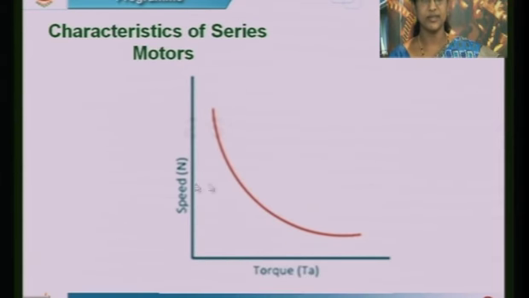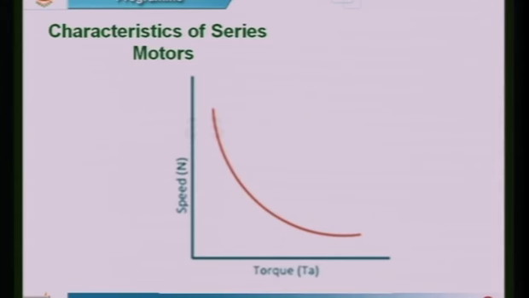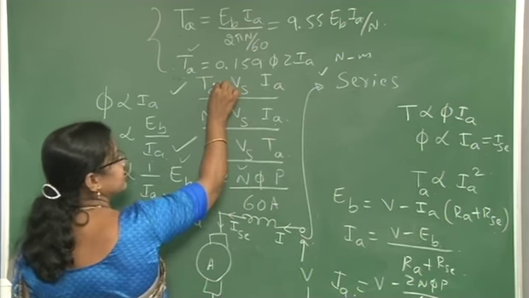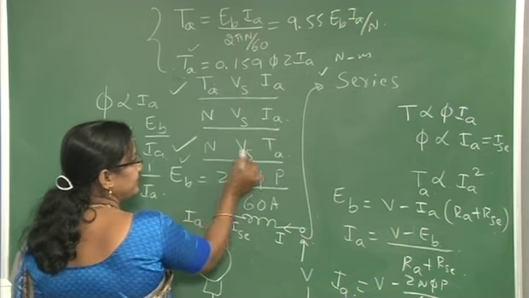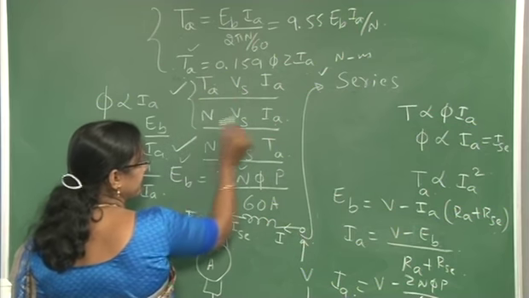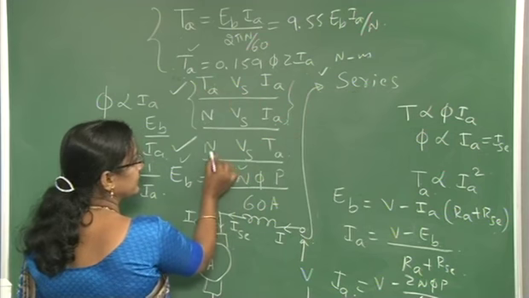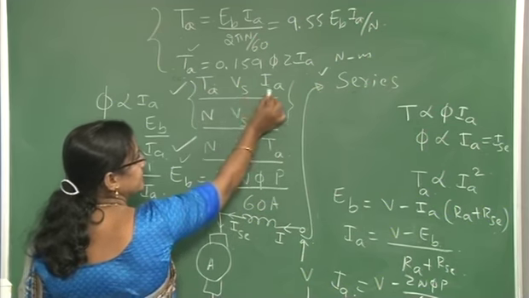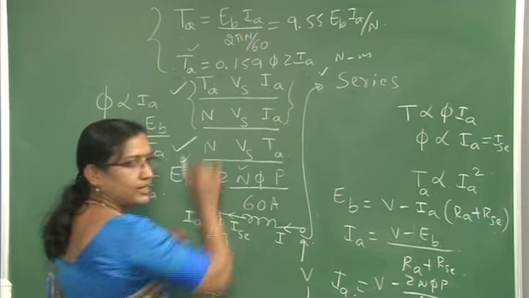This is the combined characteristic of these. Here you have torque versus IA and speed versus IA. Now what you are considering is speed versus TA, which is the combined characteristic of these two. You can obtain speed versus TA by using the characteristics of TA versus IA and speed versus IA.